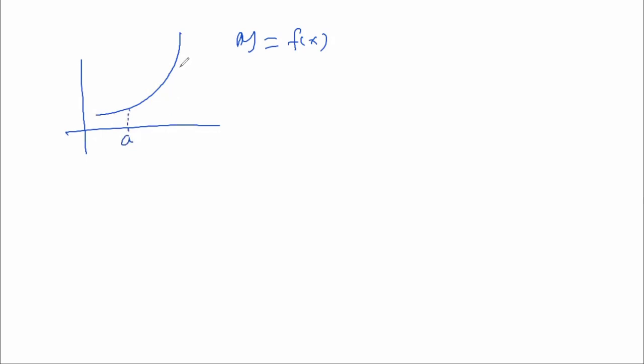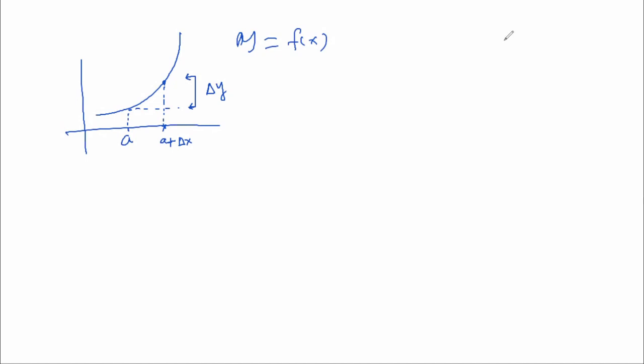Now, if you go a little bit beyond a, this is a plus delta x. Then obviously the height will change. The height would be here, right? So this difference is delta y, right? For a delta x difference, you get delta y.